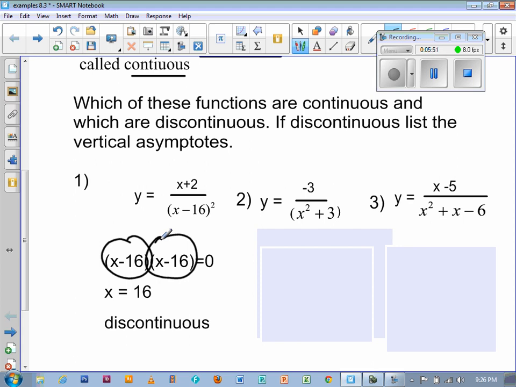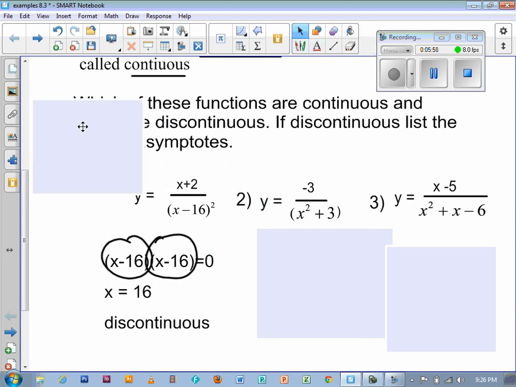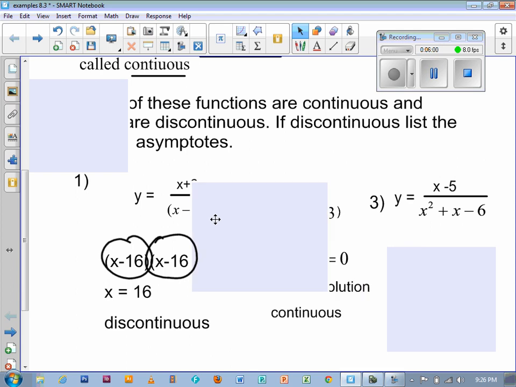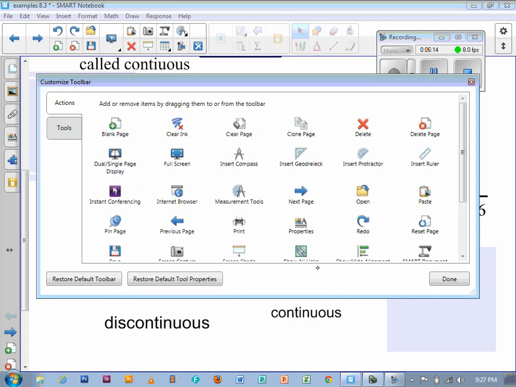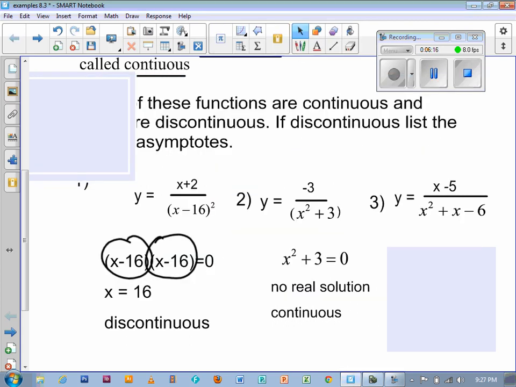Number two, you can see it's x squared plus 3. So let's see what kind of a solution we came up with here. You can see that x squared plus 3 is equal to 0. There are no real solutions here because when we subtract 3 from both sides, we get x squared is equal to a negative 3.